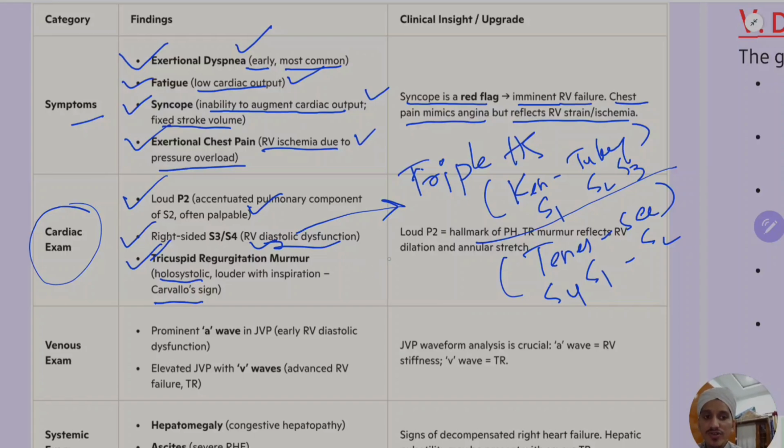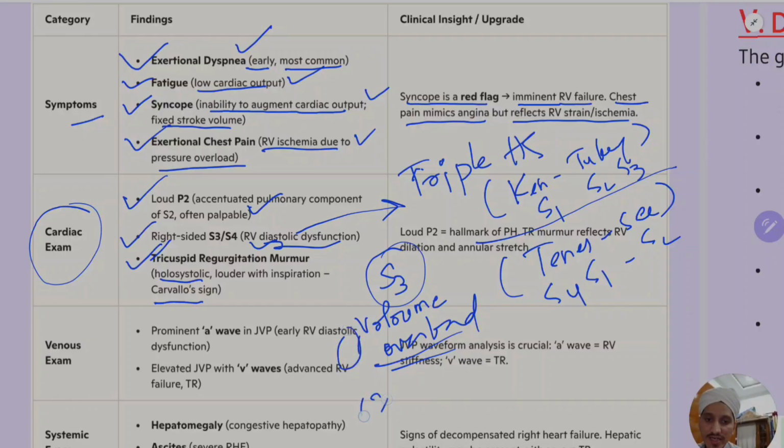So S3 is usually because of volume overload, and it occurs in diastole. Both of them occur in the diastolic period, but S3 is immediately after S2, and usually it is due to volume overload, and second, it indicates failure.